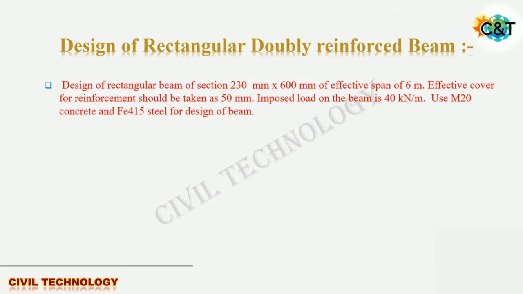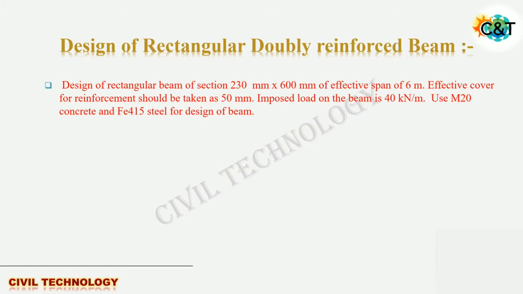So the problem is a rectangular beam whose dimension is already given, 230 by 600 mm. Effective span is also given, that is 6 meter. Okay, so here I am directly taking the effective span to reduce the time for the calculation. You can see in the previous video how we can calculate the effective span and effective depth of the beam section.